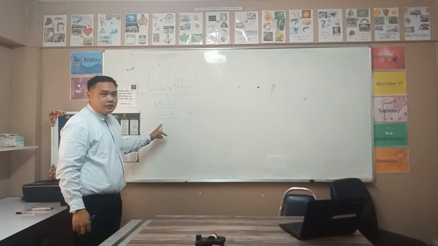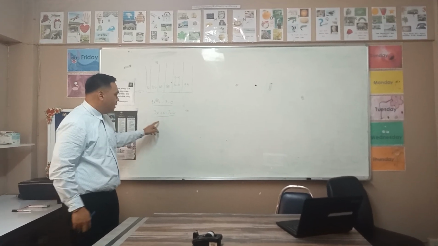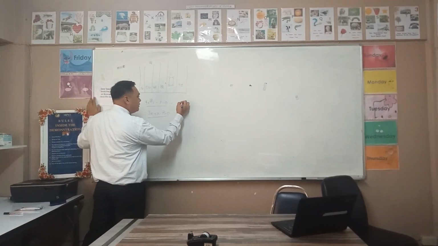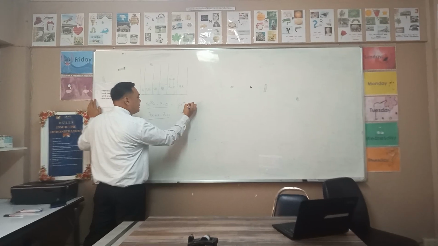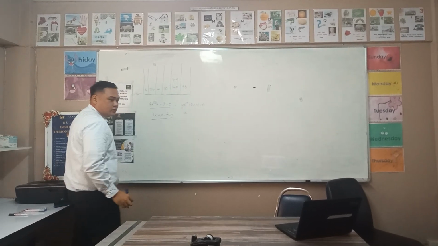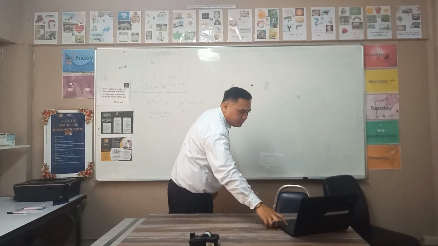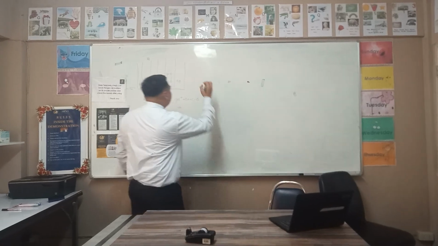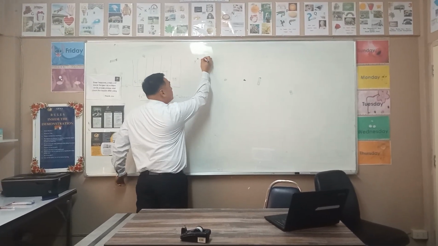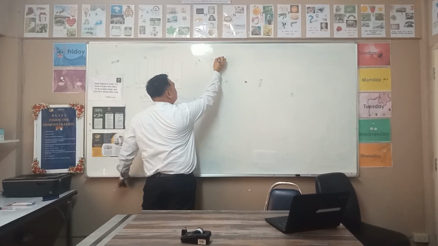What is the formula of a quadratic equation? How can we write the standard form of a quadratic equation? Our standard form for a quadratic equation is ax squared plus bx plus c is equal to 0. Another example of a quadratic equation is x squared minus 5x plus 3 is equal to 0.